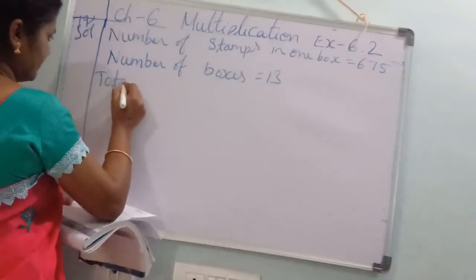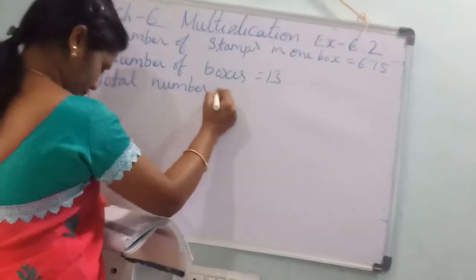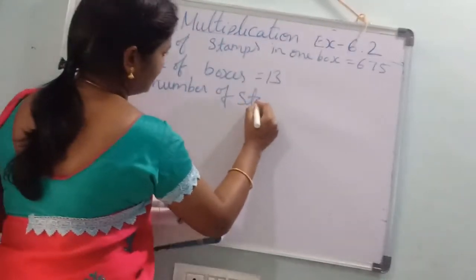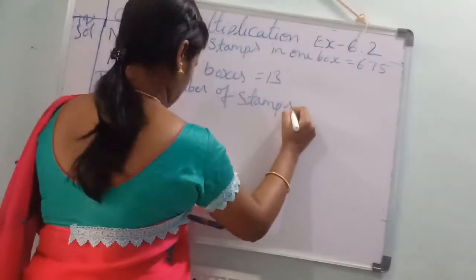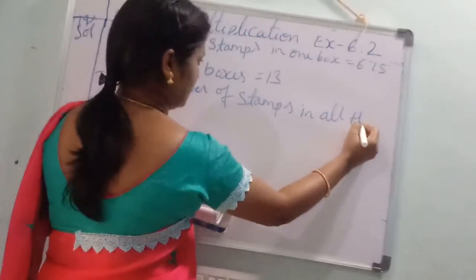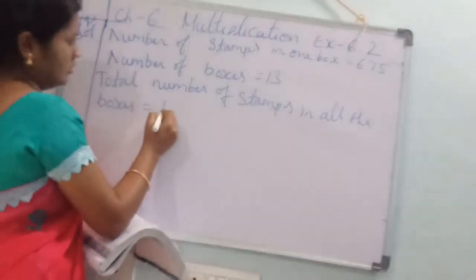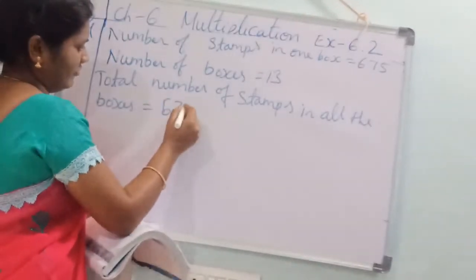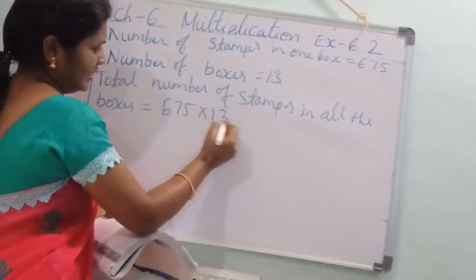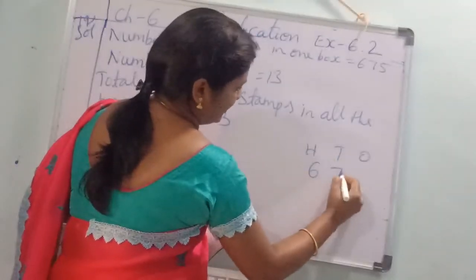Total number of stamps in all the boxes is equal to 675 into 13.